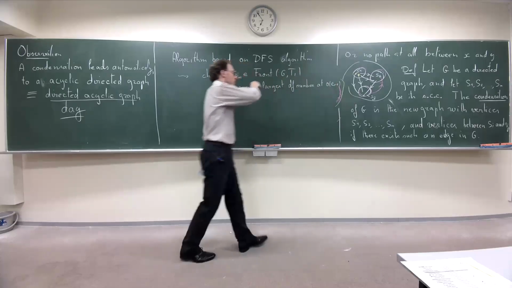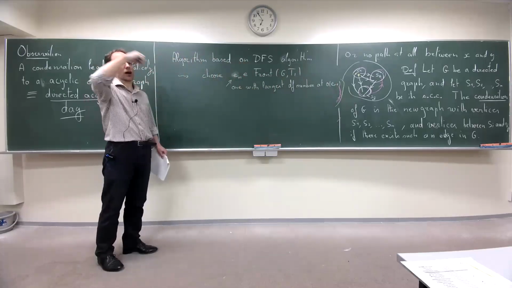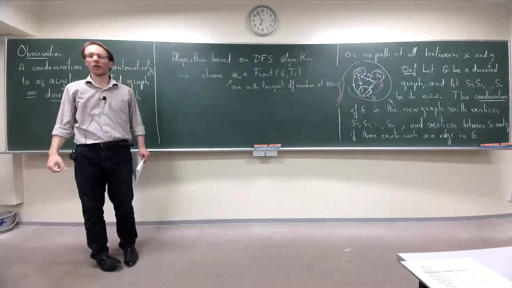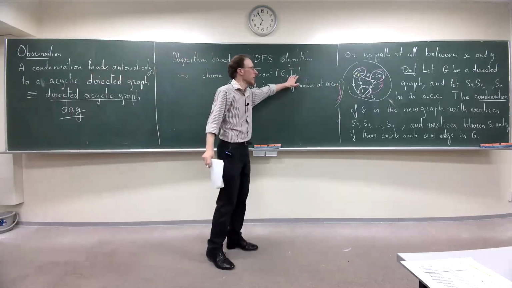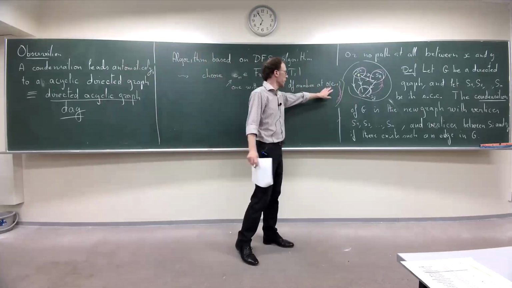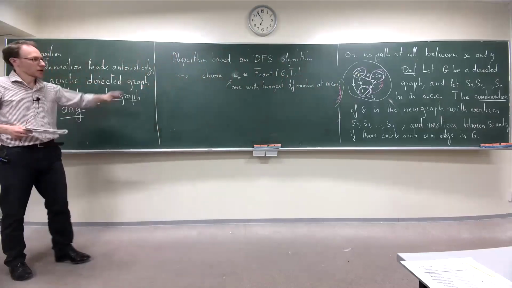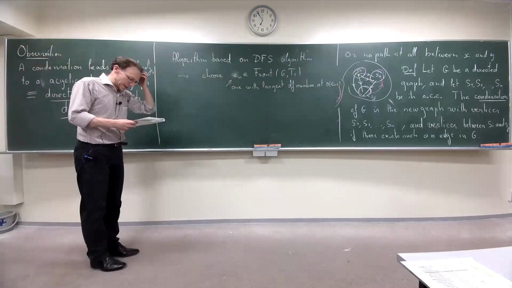Because remember, when you choose an edge, one endpoint has to be inside the tree, one has to be outside of the tree, and you choose the one with the biggest number at its initial part. Okay, so this is something we have seen.